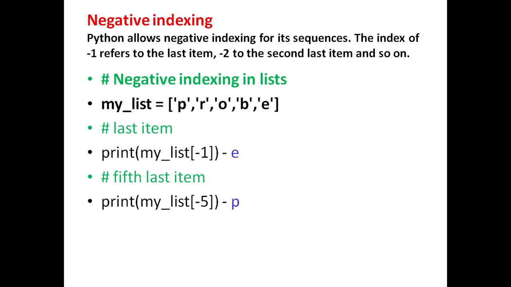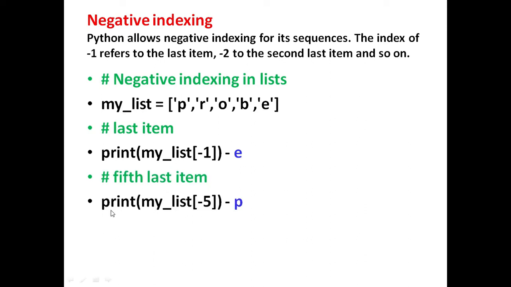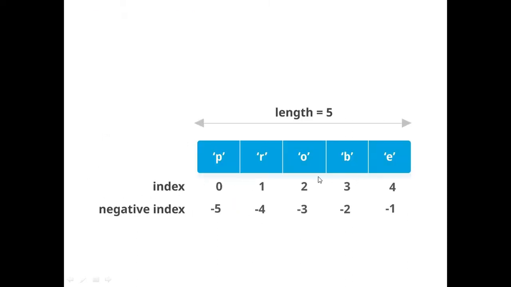Here my list is defined with PROBE, and if we want to print the last item with negative indexing, we will print my list with -1, it will print E. And if we want to print fifth last item, use my list -5, it will print P. Here we will see with diagrams. The positive index start from 0, 1, 2, 3, 4 and the negative index start from -1, -2, -3, -4 and -5.